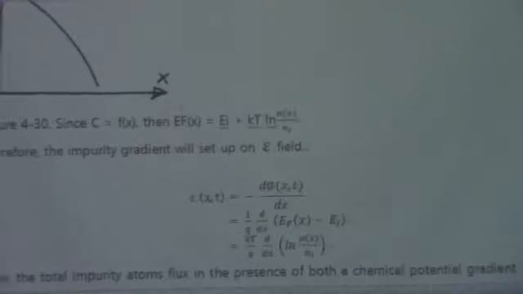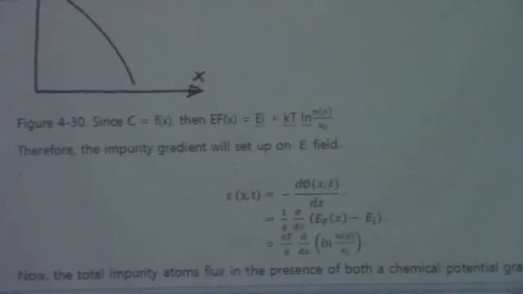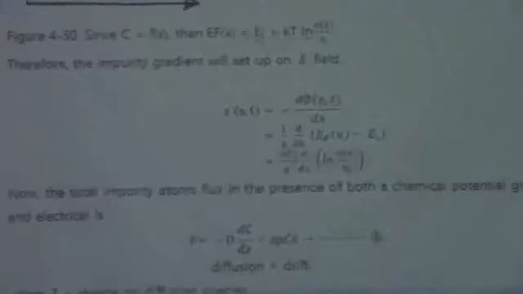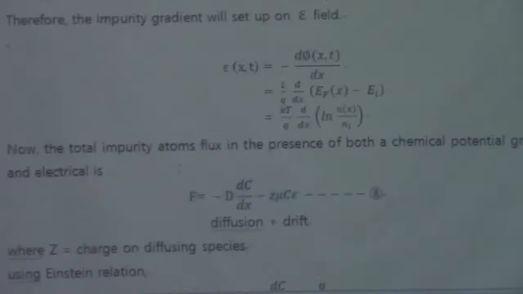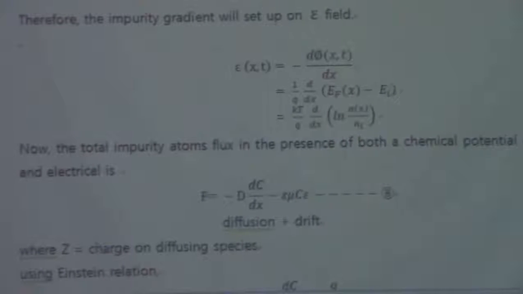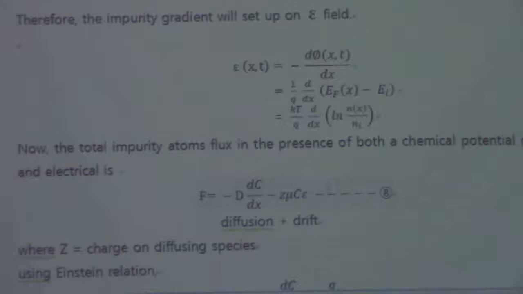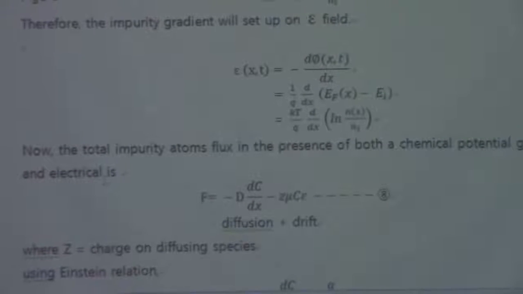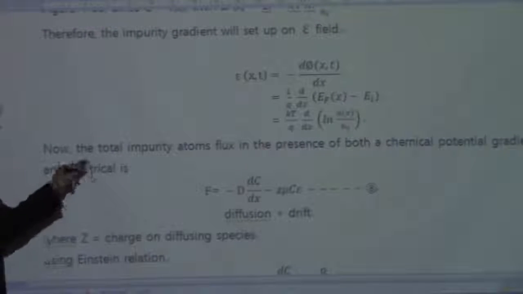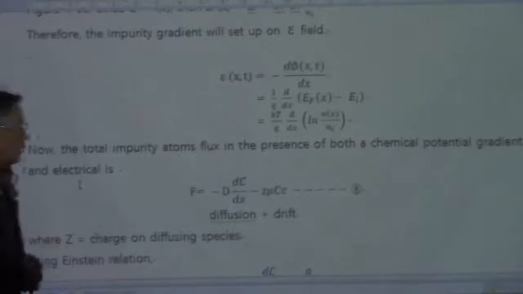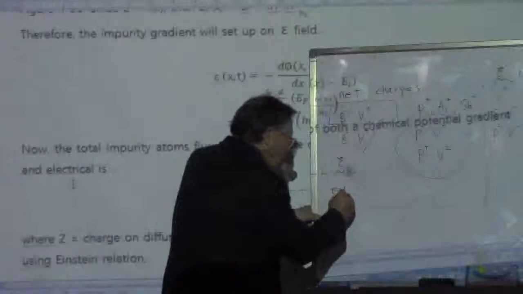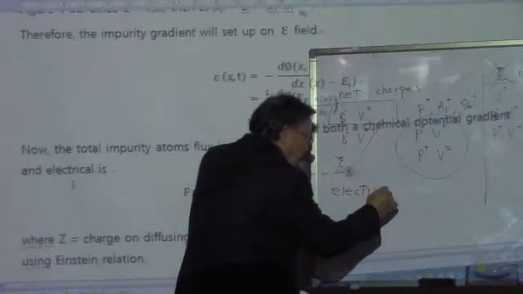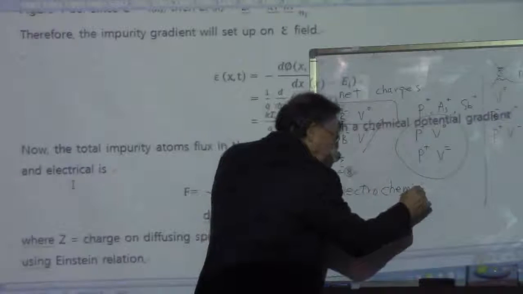The impurity gradient itself will set up an electric field inside the semiconductors, and that can be seen in this equation. The total impurity flux, atomic flux, in the presence of a chemical and electrical potential is going to be called the electrochemical potential.